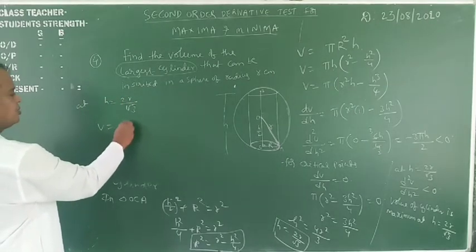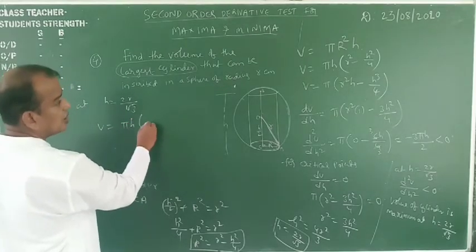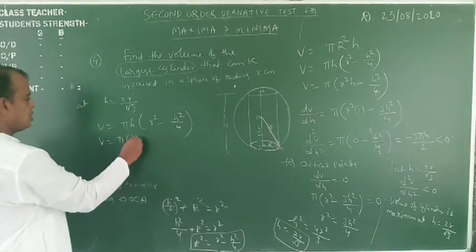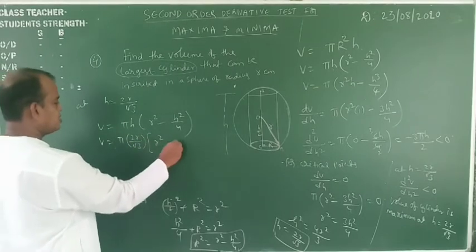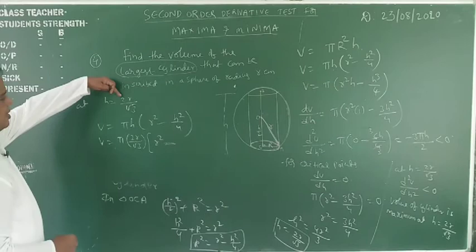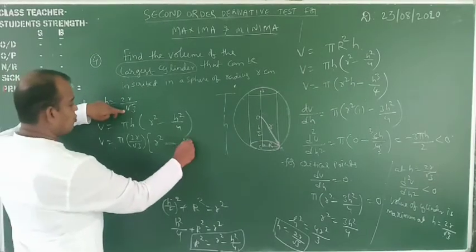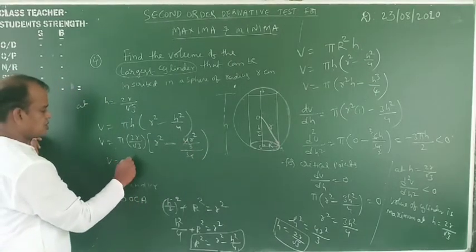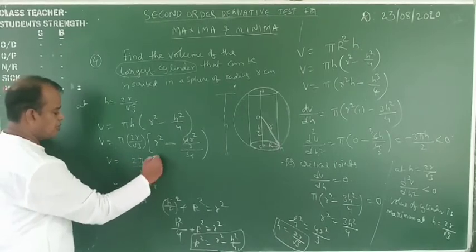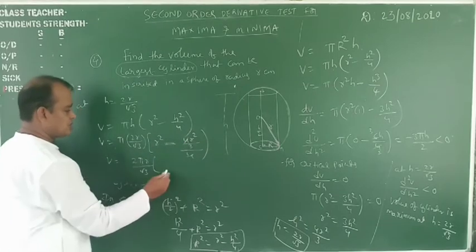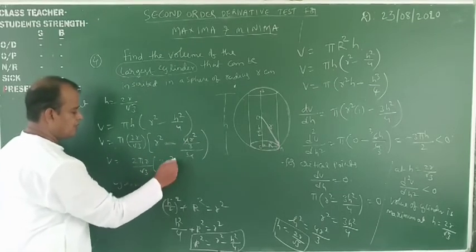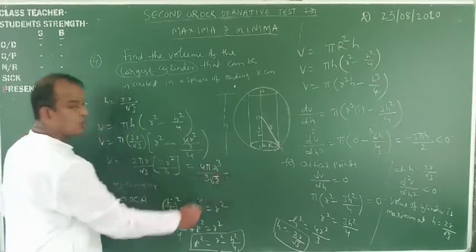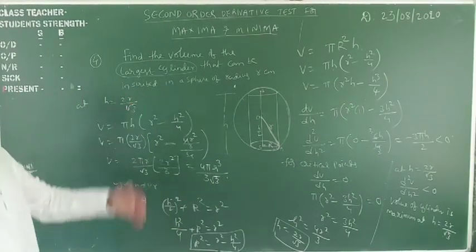V is equal to pi into the h value, 2R by root 3, into R² minus h²/4. Here h² is 4R²/3, divided by 4, the 4s cancel. So V is equal to 2 pi R by root 3 into (3R² minus R²)... that is 2R²/3. That equals 4 pi R cubed by 3 root 3 cubic centimeters. This is the volume.